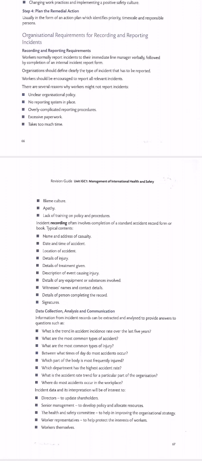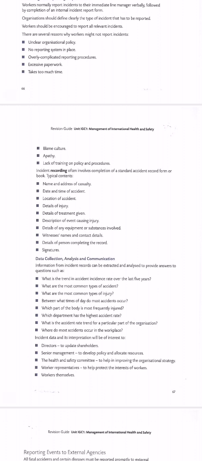Then a description of the events that caused this injury, details of any equipment or substance involved, witness names and contacts, if there are any witnesses around, then details of the person completing the record, then signature, right? So those are the processes of incident recording.